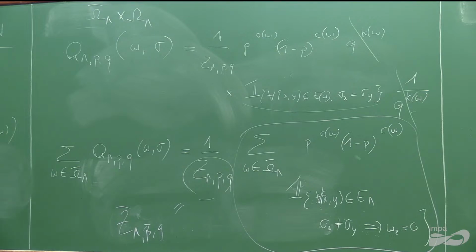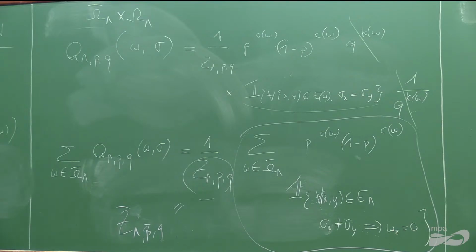So if you want to think about these questions, maybe you should try to see how to define an FK percolation that would correspond to the Potts model with some boundary condition, because even in our definition of Gibbs states, the notion of boundary condition was really important.